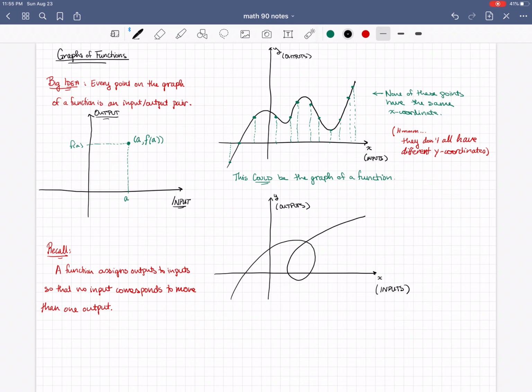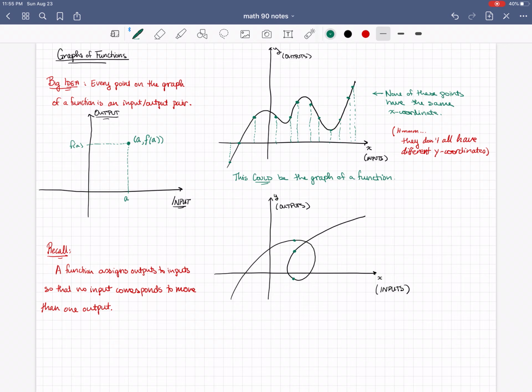Rather than picking a bunch of points at random, I'm going to pick 3 very special points. I'm going to pick this one, and this one. So what do you notice about these 3 points? Feel free to pause the video and think about it and respond on your own.